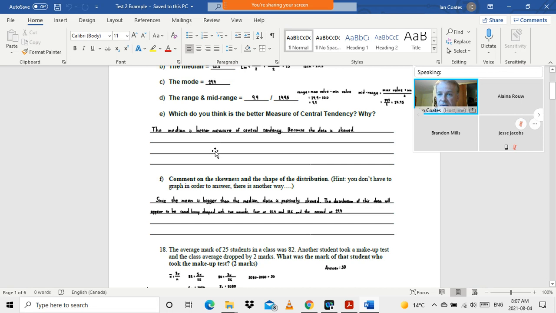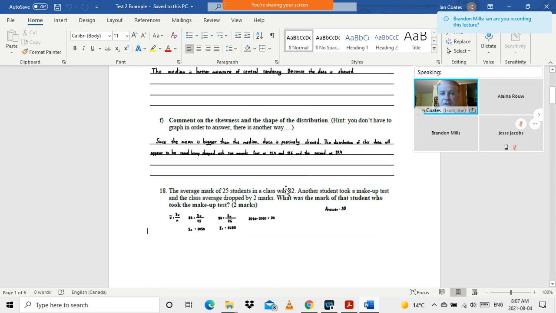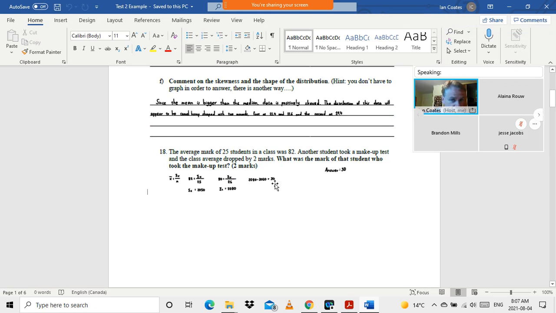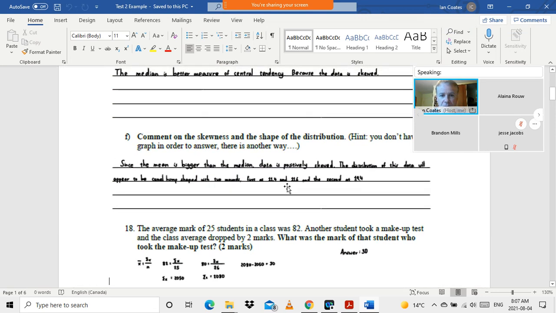I was just looking for some type of critical analysis, deductive reasoning. Comments on the skewness: it had a positive skew. If you left those blank, I took off 2 marks, generally speaking. This one here, the answer was 30.